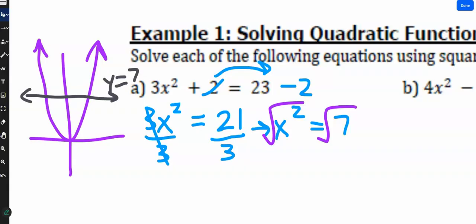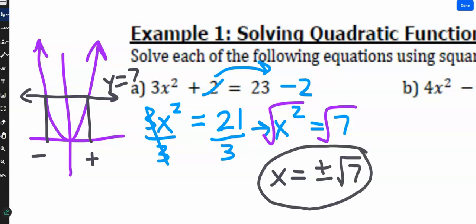How many times does the horizontal line y equals 7 cross the parabola? Of course it crosses twice. There is a positive answer and a negative answer. So when you solve this question, you must have both answers. You can't just have one.